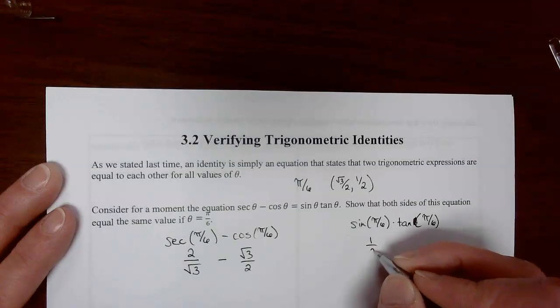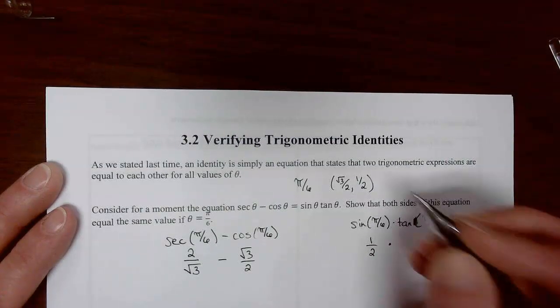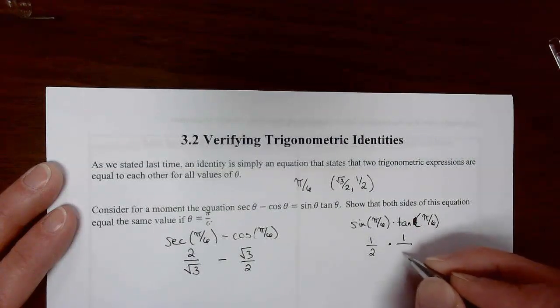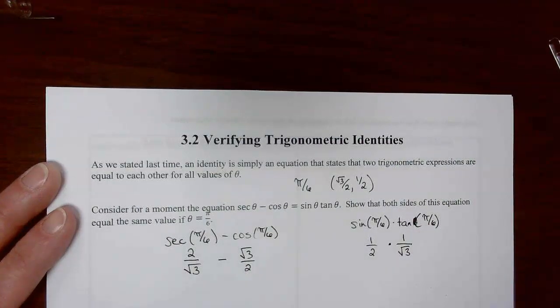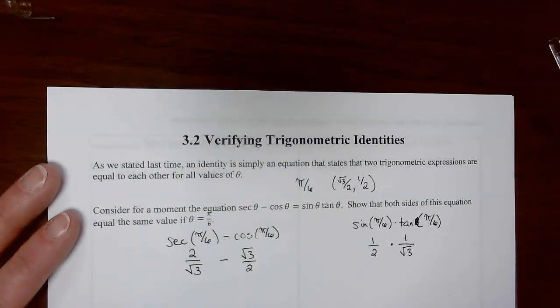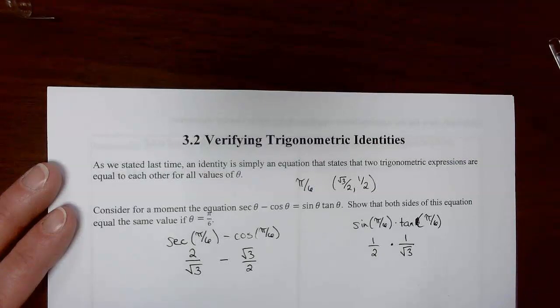Sine would be the 1/2. Tangent would be y divided by x. So I end up with 1 over the square root of 3 because the 2's would cancel. Now you say, okay, those don't equal each other. Well, let's see what we can do.